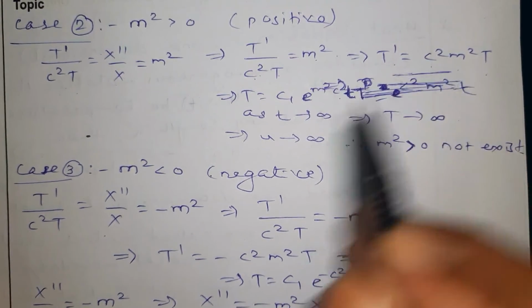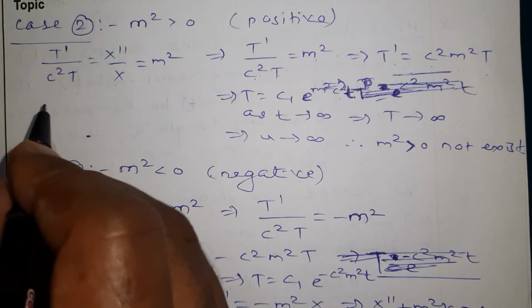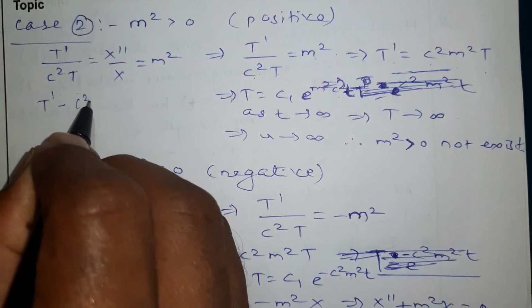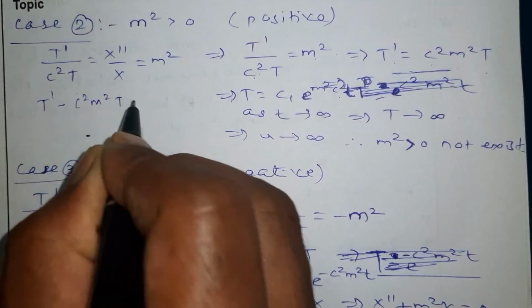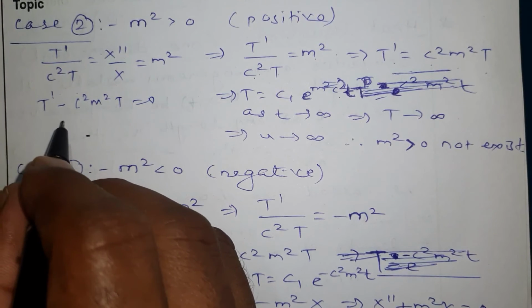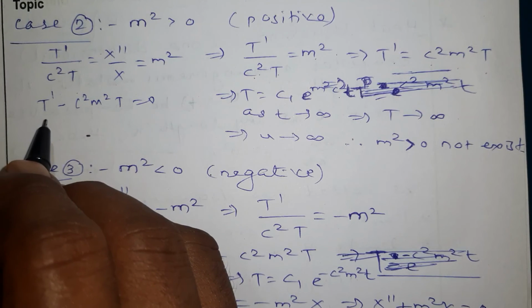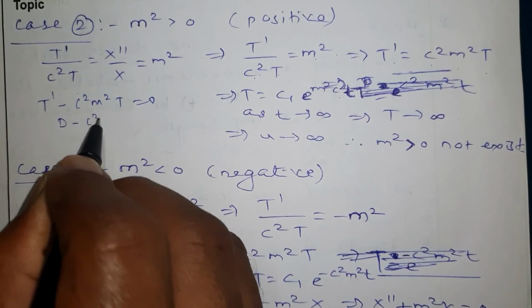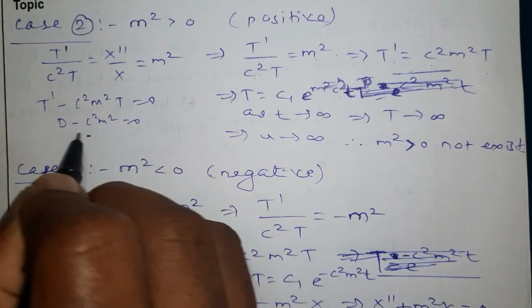Now we are going to solve this. How? See carefully. T dash minus c square m square t equal to 0. Clearly, if I write t dash as D, I get D minus c square m square is equal to 0.